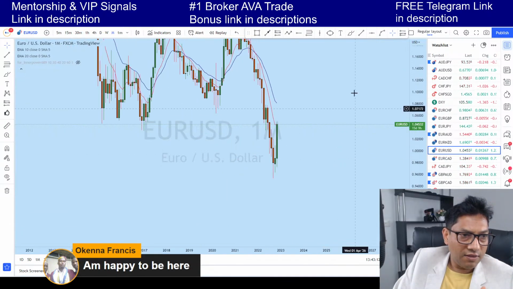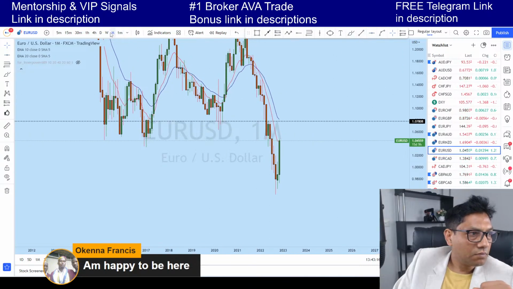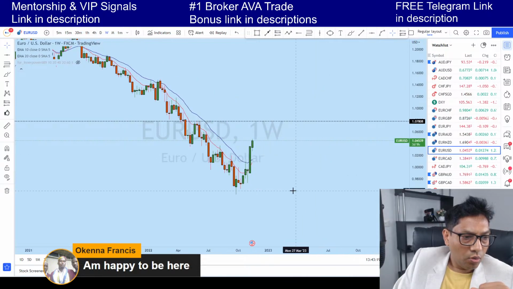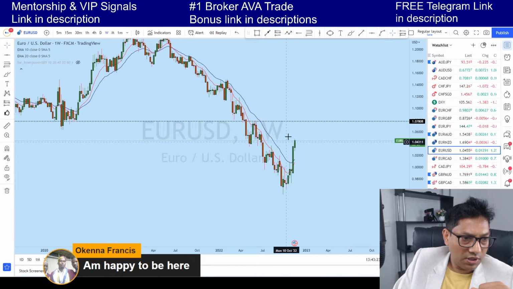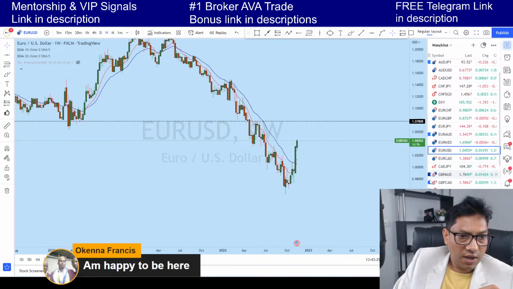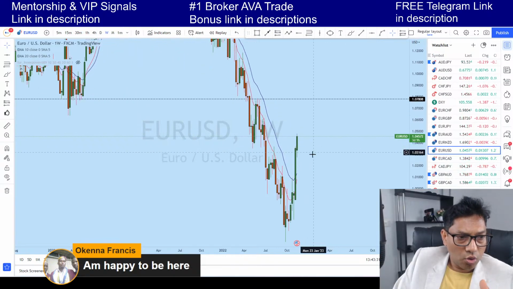So I think euro dollar will hit this resistance level here. Looking at the weekly, we have a bullish engulfing followed by this narrow candle, and this one is also going to be a bullish candle, which is expected. After the retracement, we see the price is going up. The reason euro dollar is going up is because it has broken this local trend line.